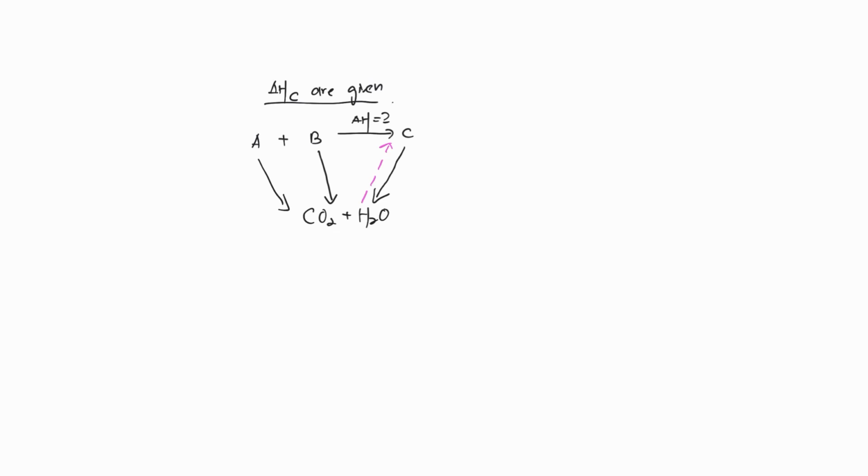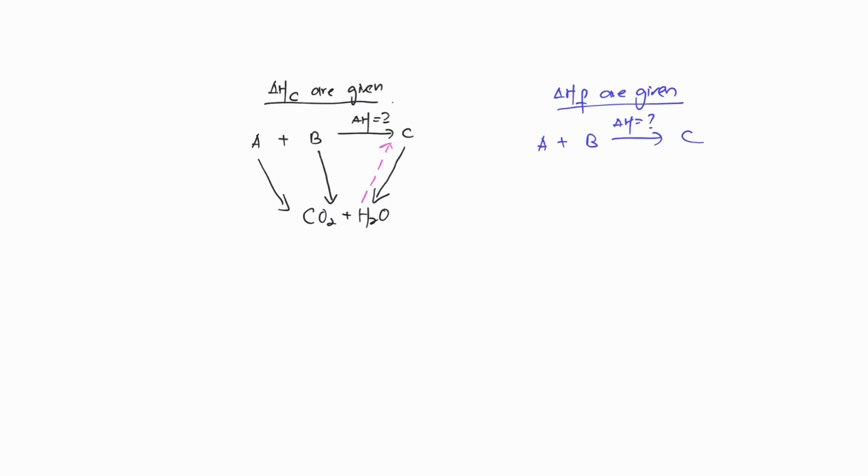The second type of simple cycle that we could have is if standard enthalpy change of formation is given as information. We have this equation as the unknown, let's say. So this is what we need to find.